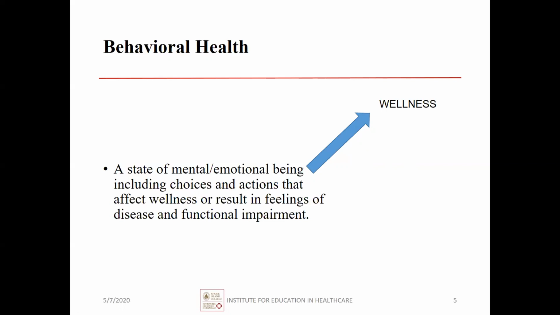Oftentimes, there is resilience in individuals, in their coping and in their history. Communities have tremendous strengths and they can promote some wellness outcomes. And sometimes we're getting involved because of a compromise to behavioral health where there has been that dis-ease in life experience and interactions, where we've seen functional impairment as a result.